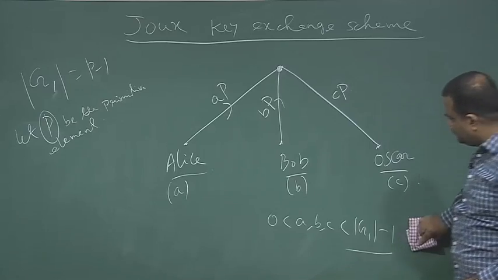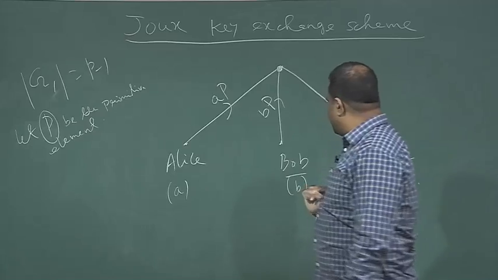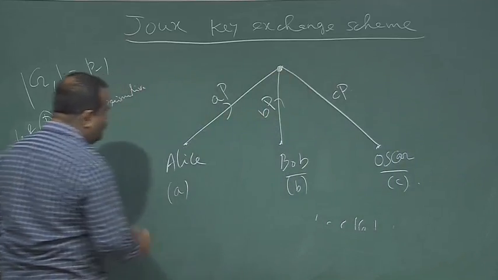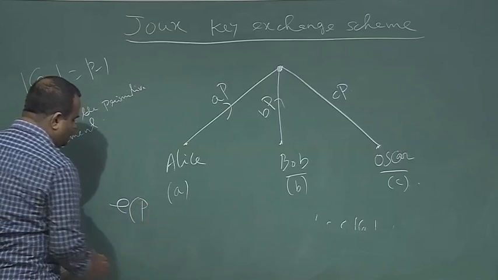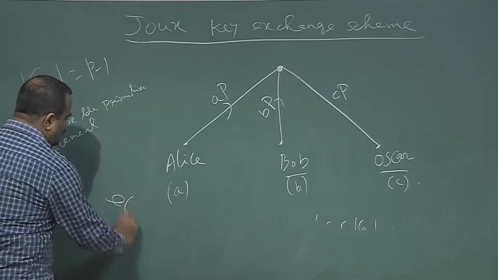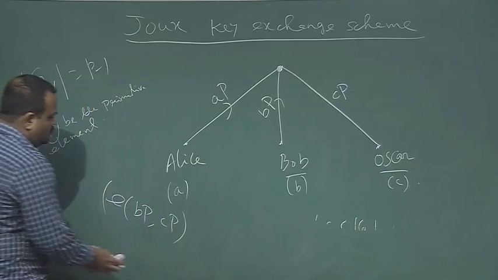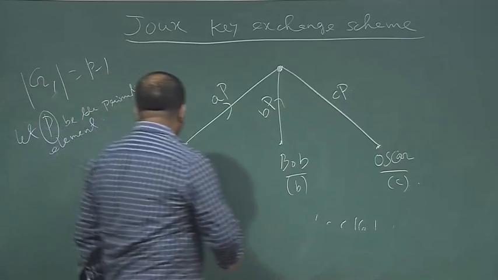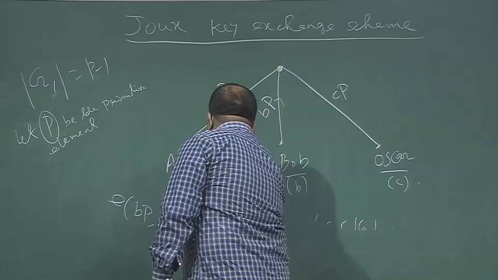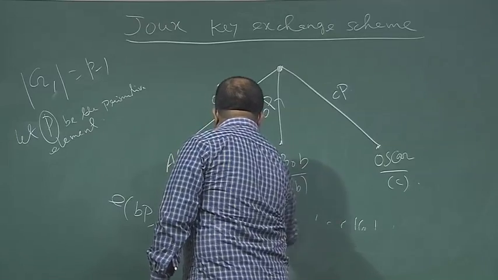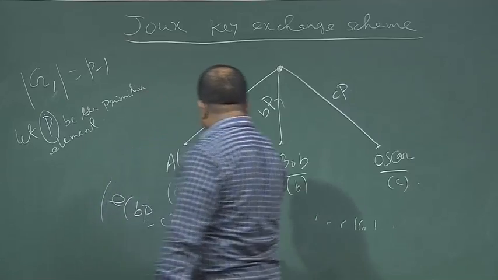What is Alice doing? Alice gets the values BP and CP. Alice will compute the pairing e(BP, CP), which by the properties of bilinear pairing is e(P, P) to the power BC. Now Alice raises this to the power A, because A is known to Alice.